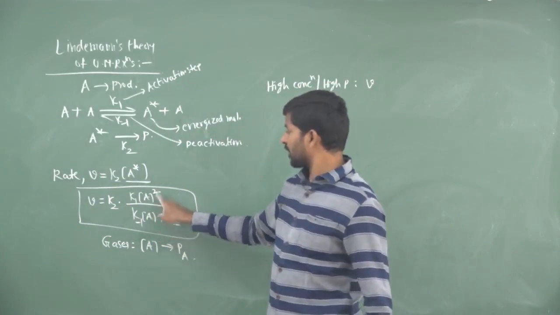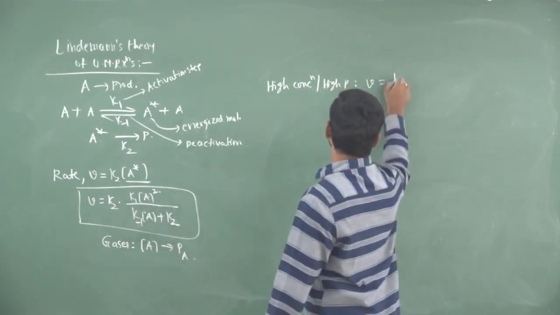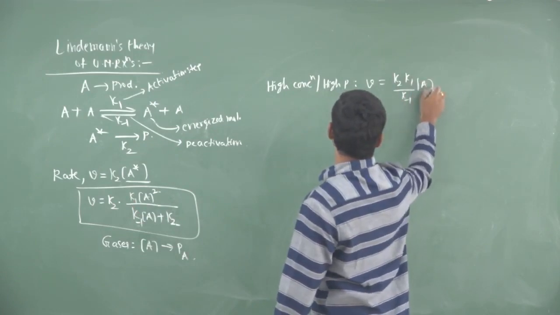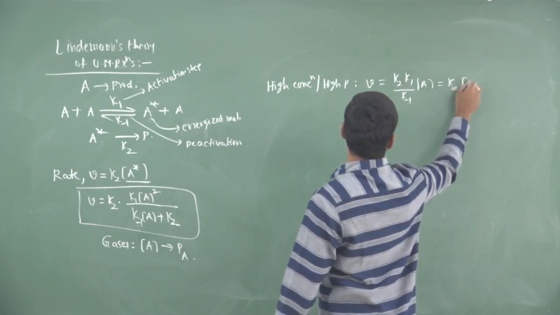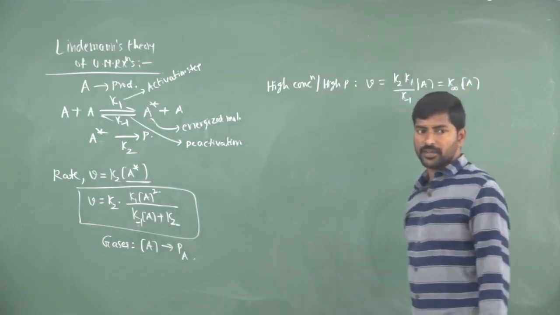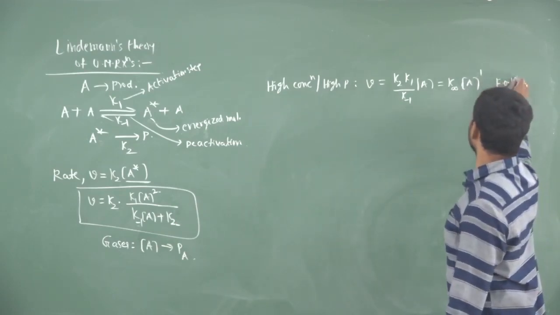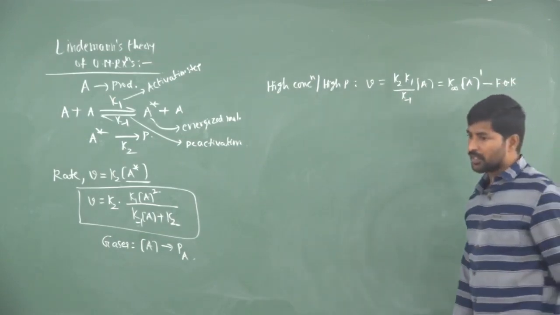So A A gets cancelled. So we get K2 K1 by K-1 into A. That may be written as K infinity into concentration of A. K2 K1 by K-1 is considered as K infinity. So it follows which order kinetics? First order kinetics. At high concentration or high pressure it follows first order kinetics.